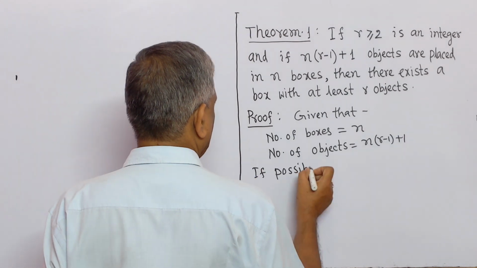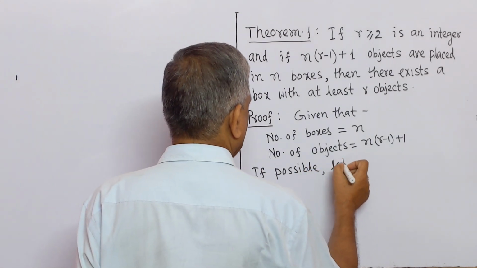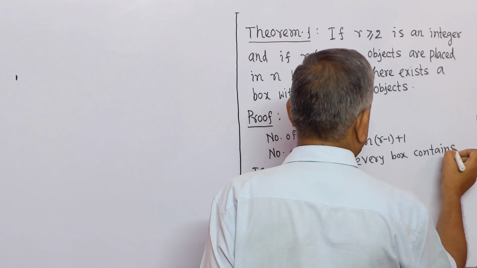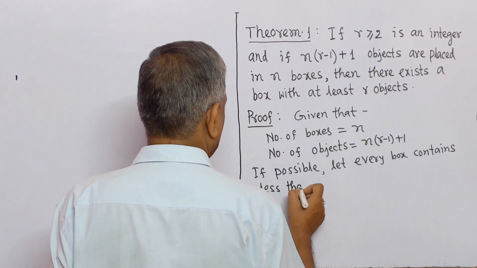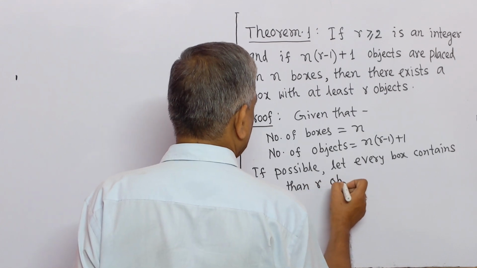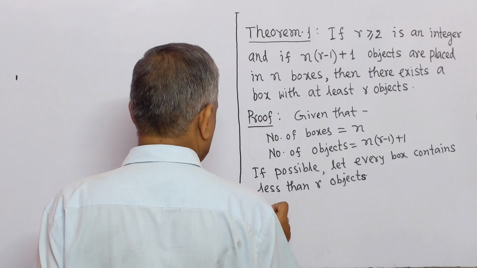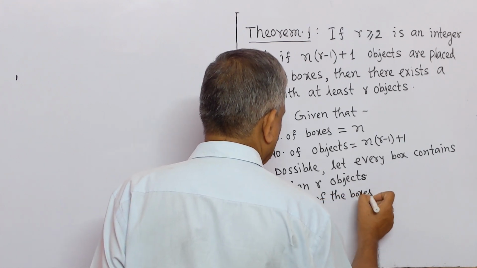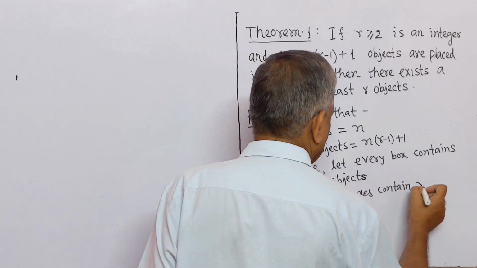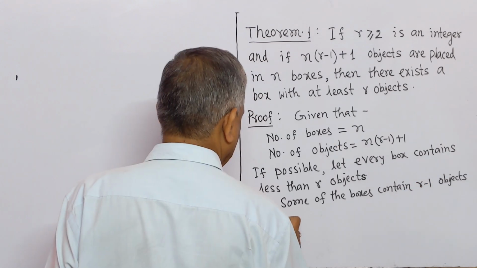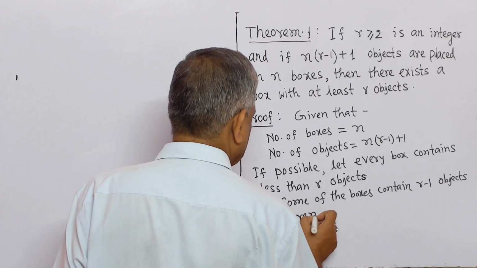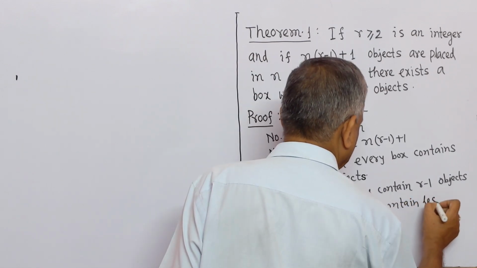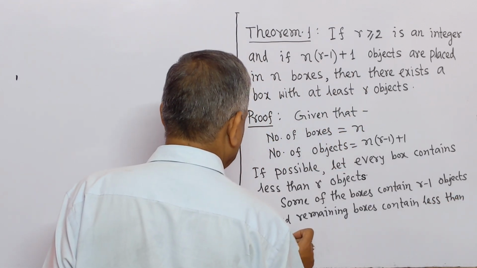If possible, let every box contains less than r objects, that is, some of the boxes contain r minus 1 objects and remaining boxes contain less than r minus 1 objects.